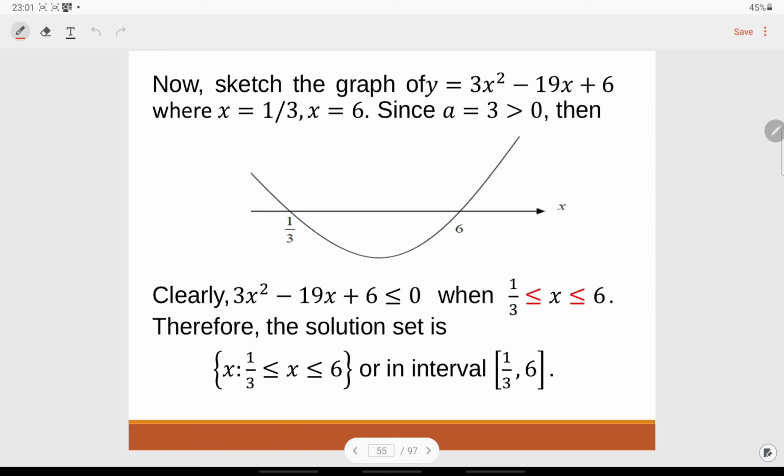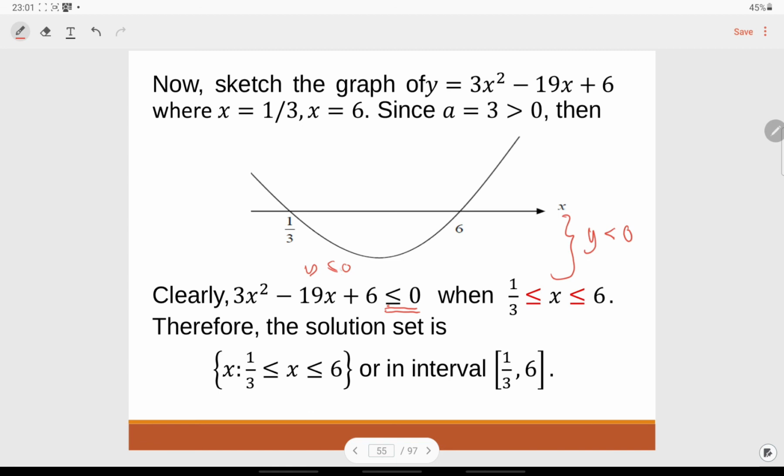Back to the question. The given expression is less than or equal to 0. So where is the area? That means the area is below the x-axis, because y is less than or equal to 0, since we let 3x squared minus 19x plus 6 equal to y.